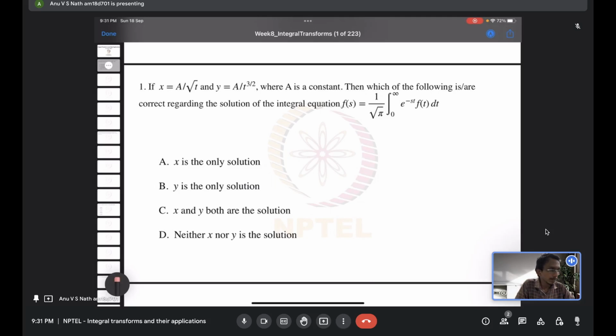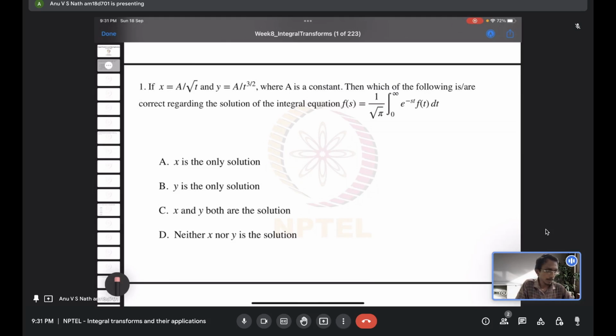Why I include this question is that last week, if you have watched the lecture videos, the professor explained a similar problem where the kernel was 1 by s plus t. Basically, that is related to the Hilbert transform. So I thought this problem is nice in that sense. We can use the same methods here as well, just the kernel is different.